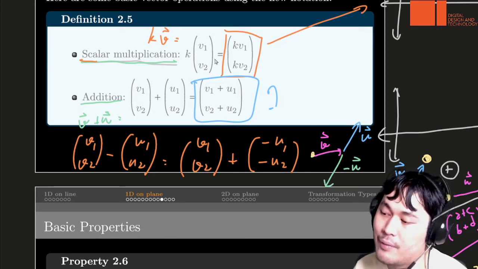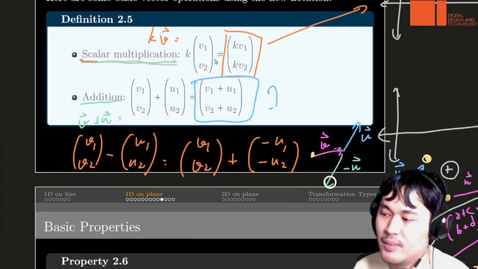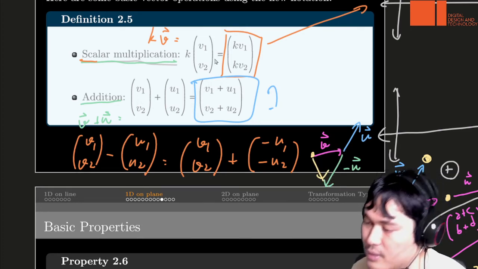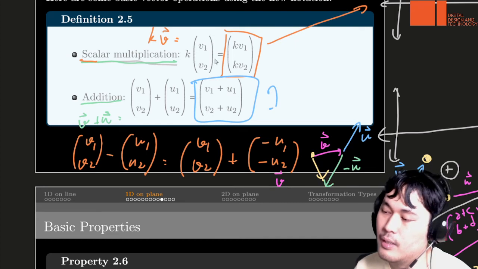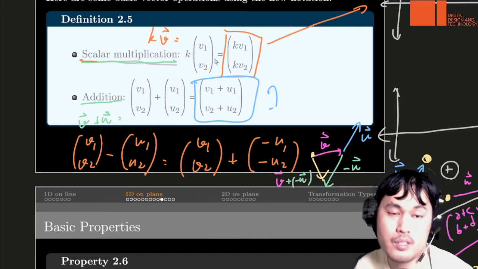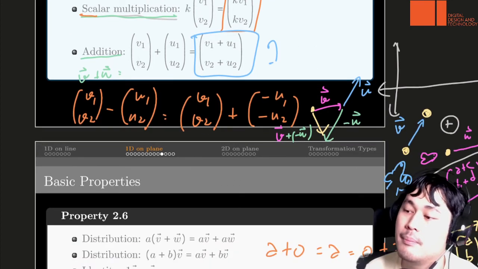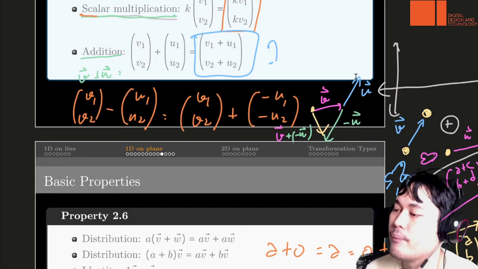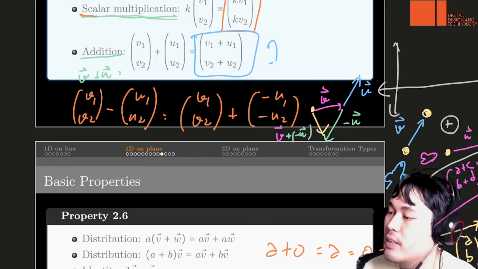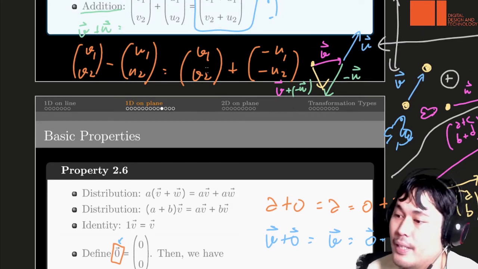We start at v and then we walk two steps in two different directions, and the result here is indeed v plus minus u, which is v minus u. And so that's how you deal with the minus sign, and also the way you think about that vector. So that's a plus, that's a minus.